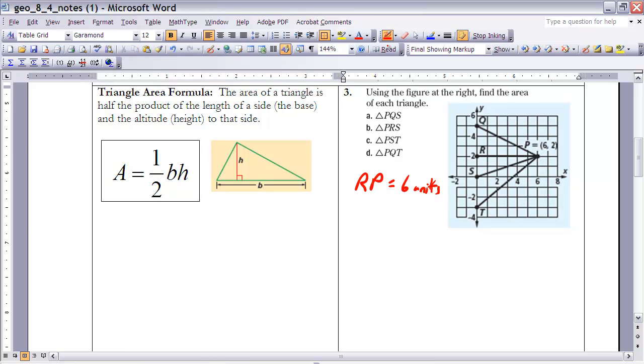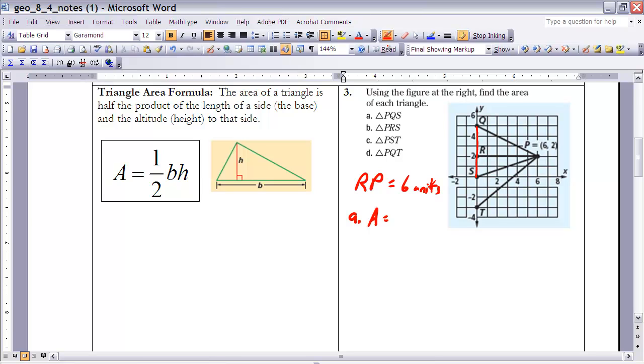So I'm going to do part A, and then I'm going to leave B, C, and D for you to do. So part A, if I'm going to find the area of that triangle, I'm looking at PQS. PQS, that would be the triangle that has a base right here. Okay. Well, that base goes vertically from 0 up to 6.